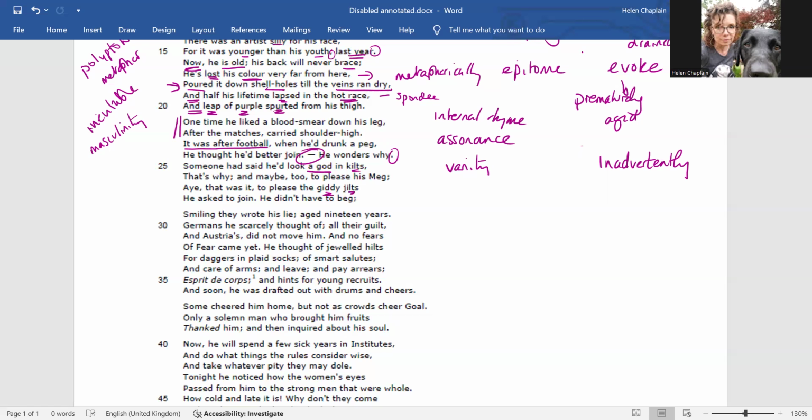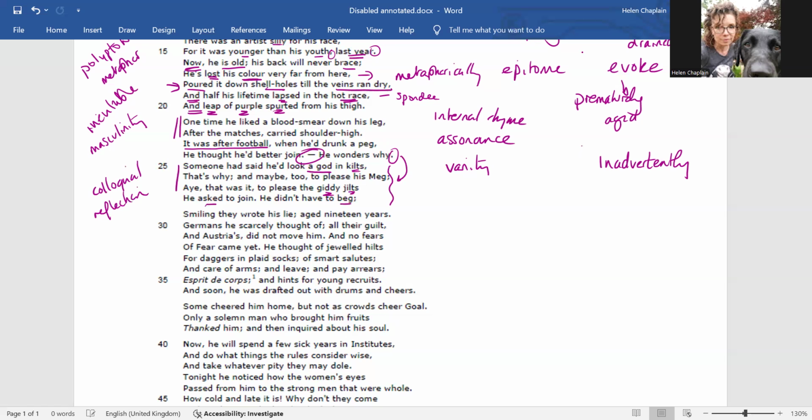To please them, he asked to join. So this colloquial, so that means informal, style, and the reflection, he wonders why. Well, it was all of these reasons. These are not really good enough reasons to end up in the state he's in. And he asked to join.